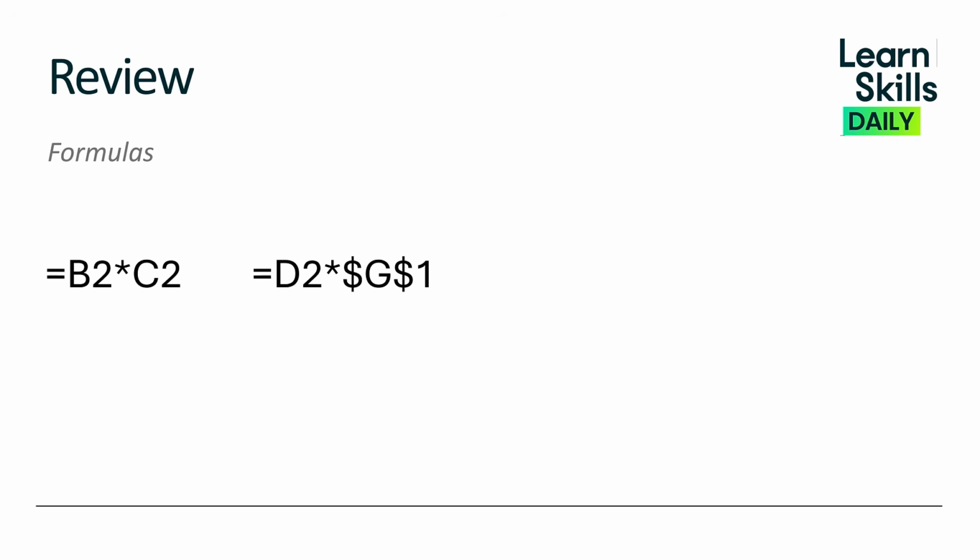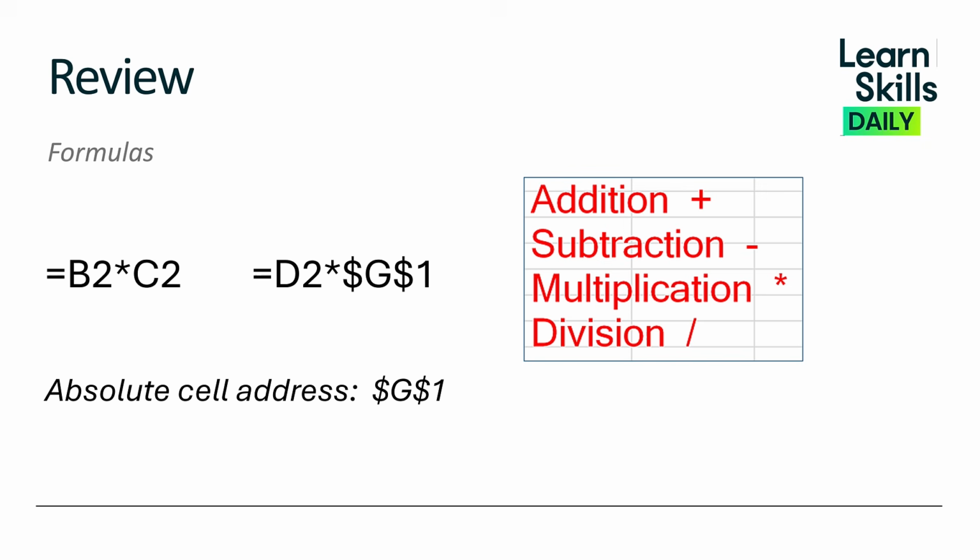Here's another formula with a reference to an absolute cell reference. Right? When we copy that formula down to another cell, we don't want the reference to G1 to ever change. And for addition, subtraction, multiplication, and division, you use the plus, the minus, the asterisk, and the slash.